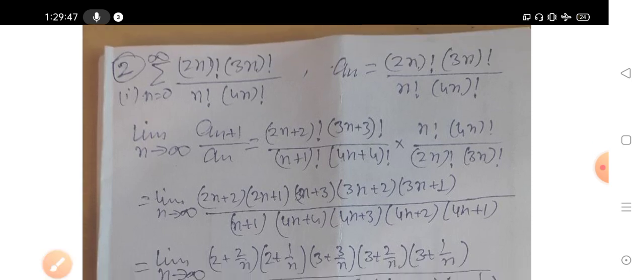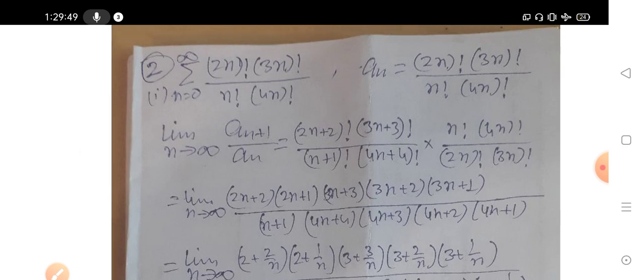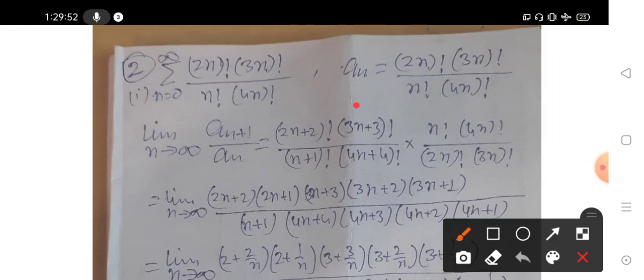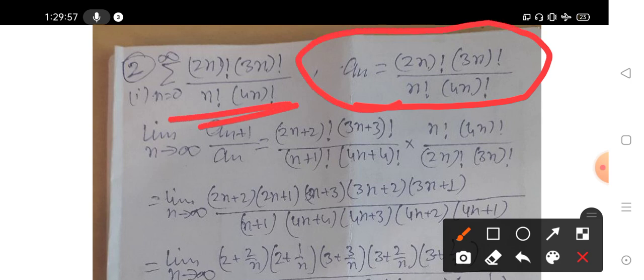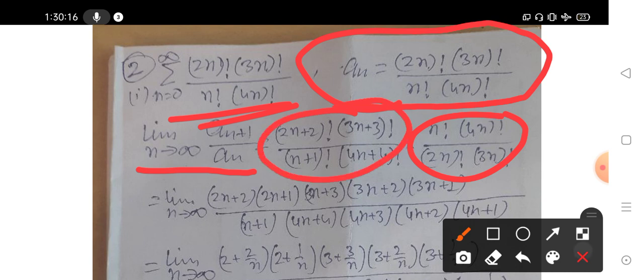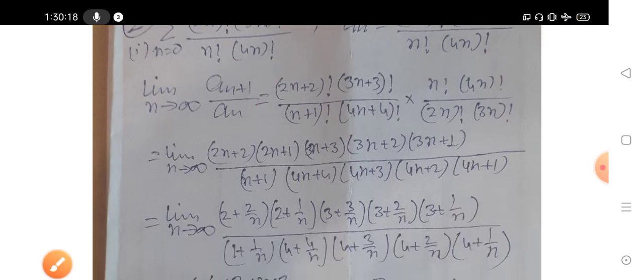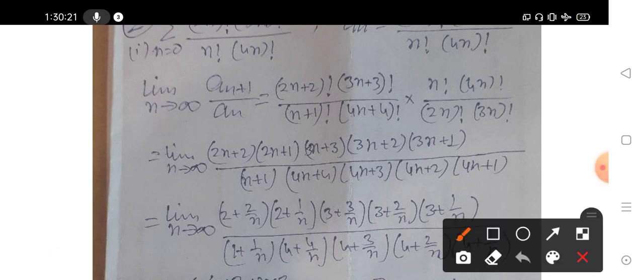Here a_n is (2n)! (3n)! upon n! (4n)!, and we take the limit as n tends to infinity of a_{n+1} upon a_n, which is written as (2n+2)! (3n+3)! upon (n+1)! (4n+4)! multiplied by the reciprocal of a_n, and finally we get this.